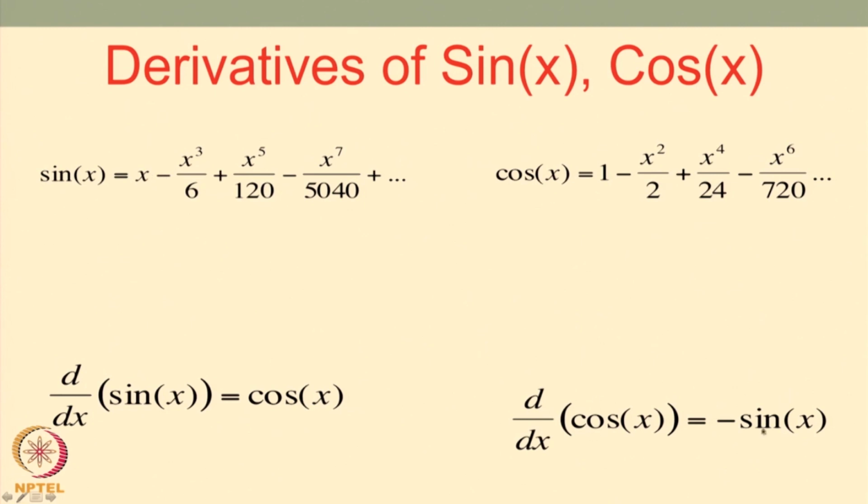So, the derivative of cos x is minus sin x. If you do the derivative of each term here, you will find that it is the same as this series with a minus sign. Therefore, the derivative of cos x is minus sin x and the derivative of sin x is cos x.